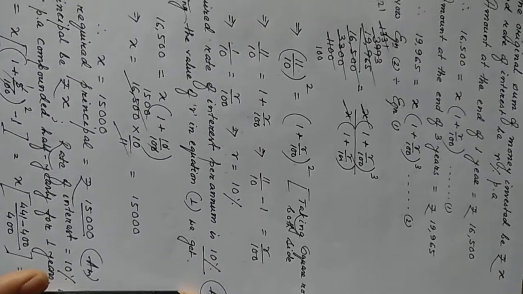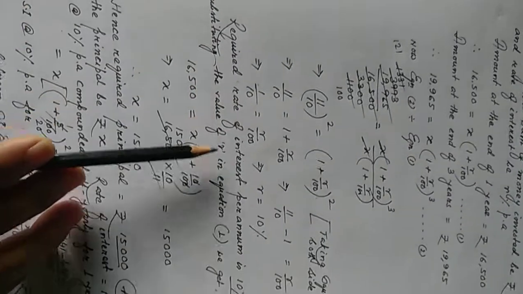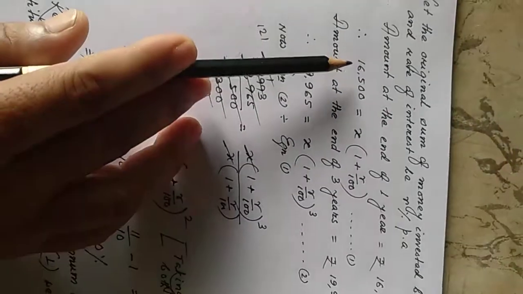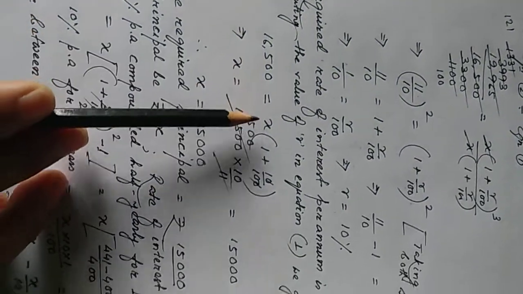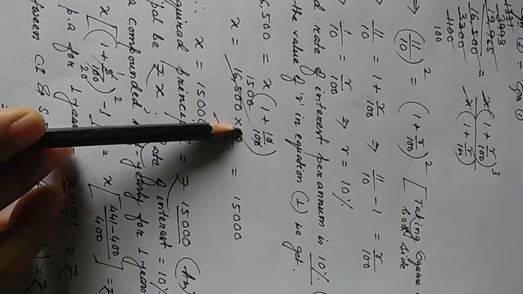This is the answer. Now this value of R, that is 10%, substituting in equation 1, we get, at the place of R we write 10. So 16,500 equal to X whole into (1 plus 10 by 100).